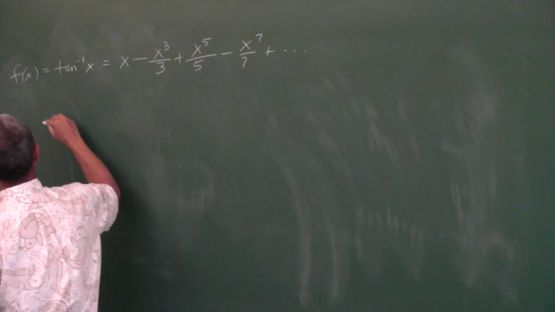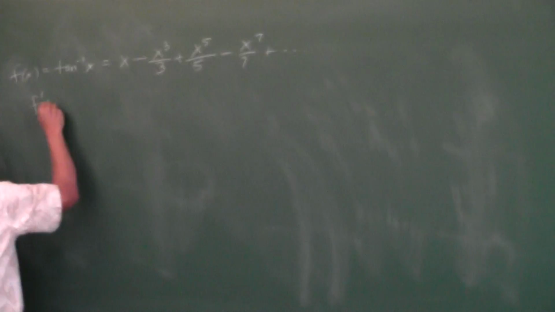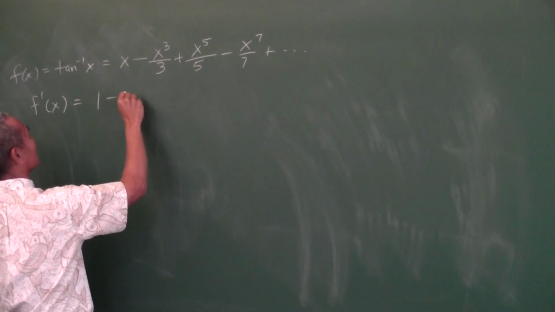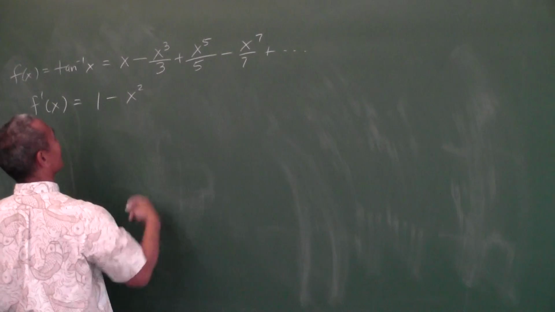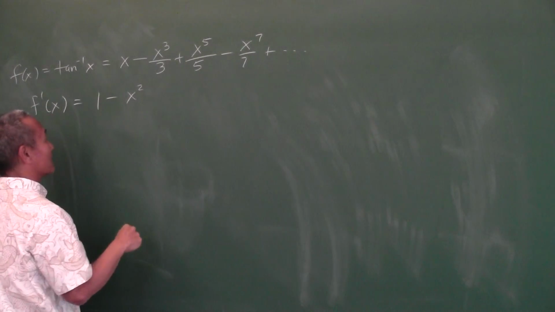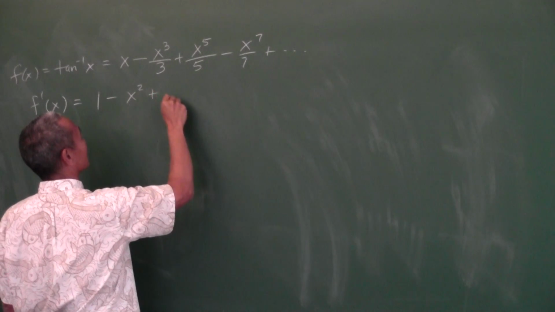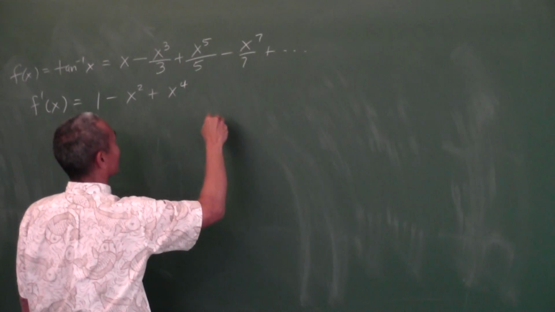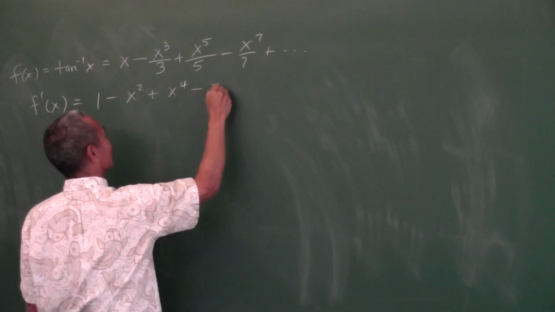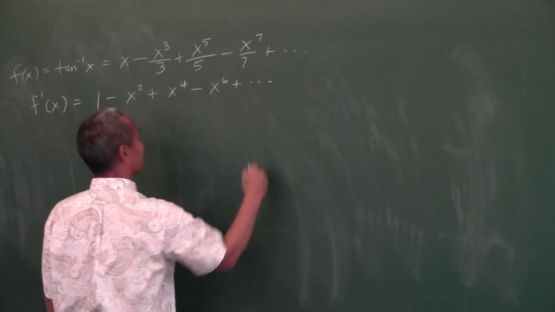And then you just take the derivative term by term. 1 minus x squared over 2, no, that's not factorial. x squared over 3, the 3's just cancel out. x to the 4th, 5x to the 4th, the 5's cancel though. x to the 6th. Plus dot dot dot.